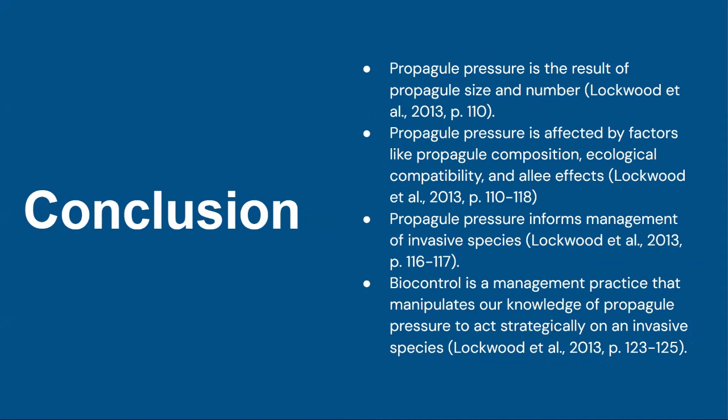Tools like the dose-response curve help us visualize a propagule's probability of establishment and the thresholds for growth that a propagule has. This is important in the field of biocontrol, where our knowledge of propagule pressure is used to strategically act on a population of an invasive species to produce a positive outcome.